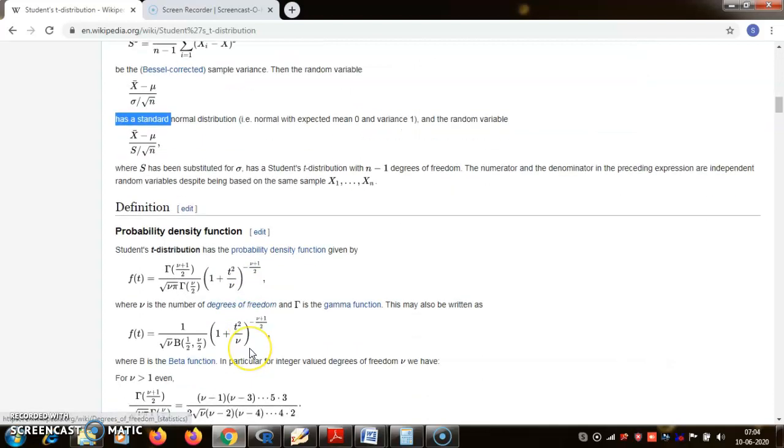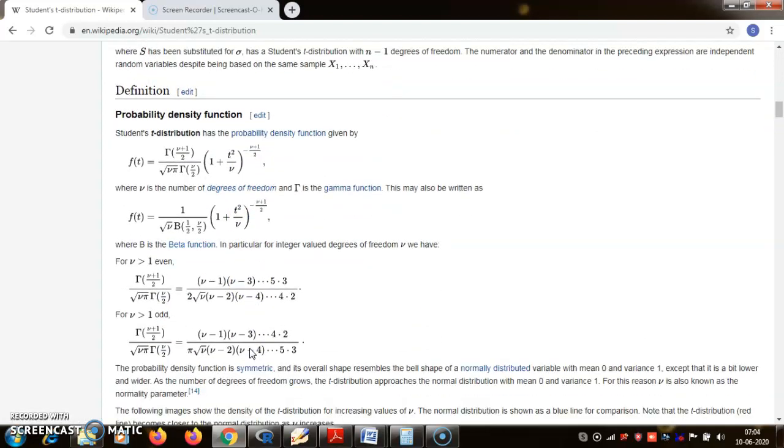Now, what is meant by degrees of freedom? Let us look at the formula for the probability density function. I told you that student t distribution is a continuous probability distribution, or a family of continuous distributions. So it has a density, and the density function formula is written over here, where this part is a constant and this is the variable.